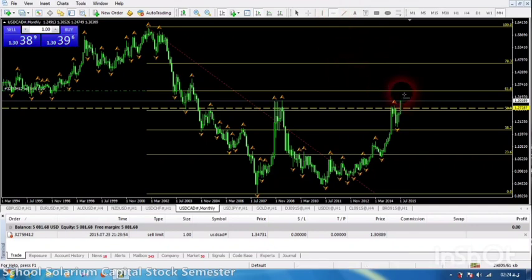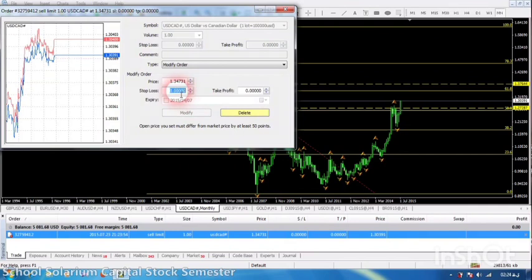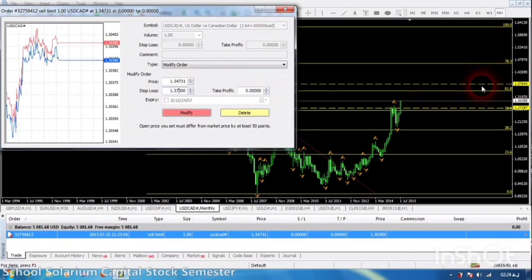And if my 61 level is touched and the price goes further than it, I don't want to lose much money, so that is why I will put my stop loss on the chart. My stop loss is the one on the top, so it's 1.37644, and my take profit is the one on the bottom, because I'm going to gain profits when the price declines.